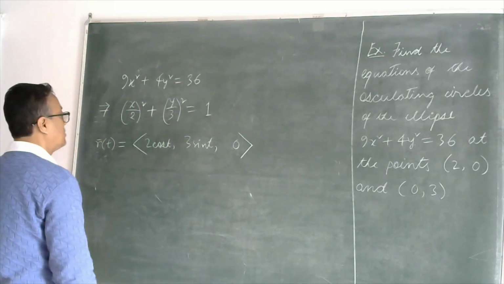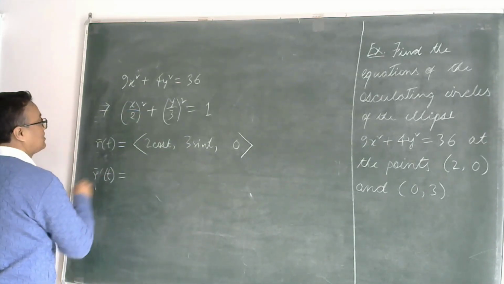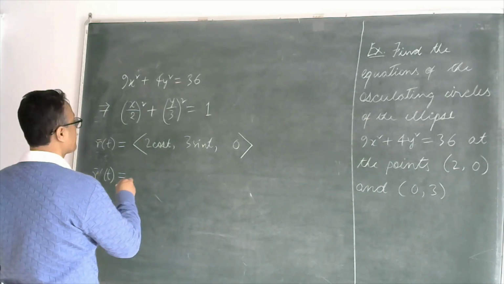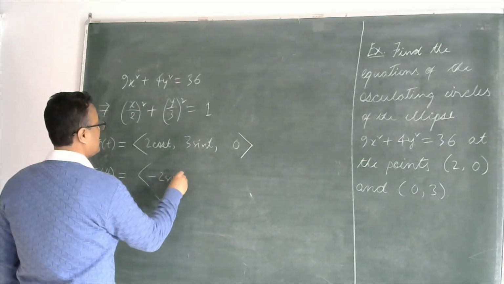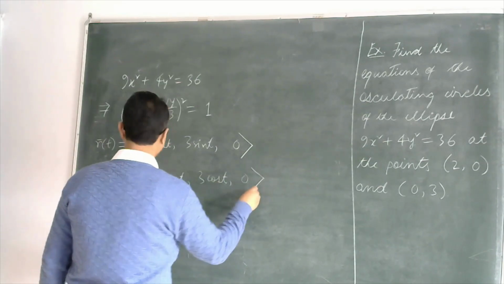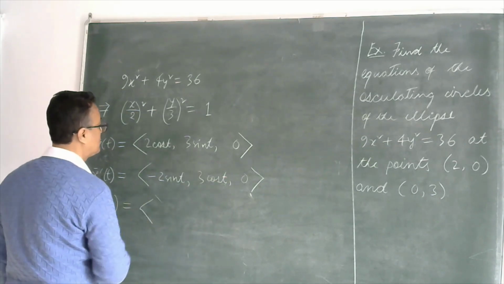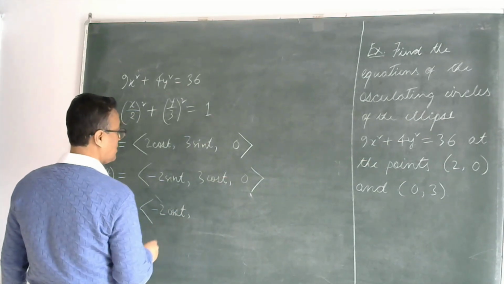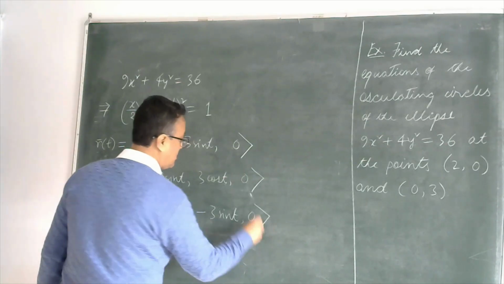Then r prime t equals minus 2 sin t, 3 cos t, 0, and r double prime t equals minus 2 cos t, minus 3 sin t, 0.